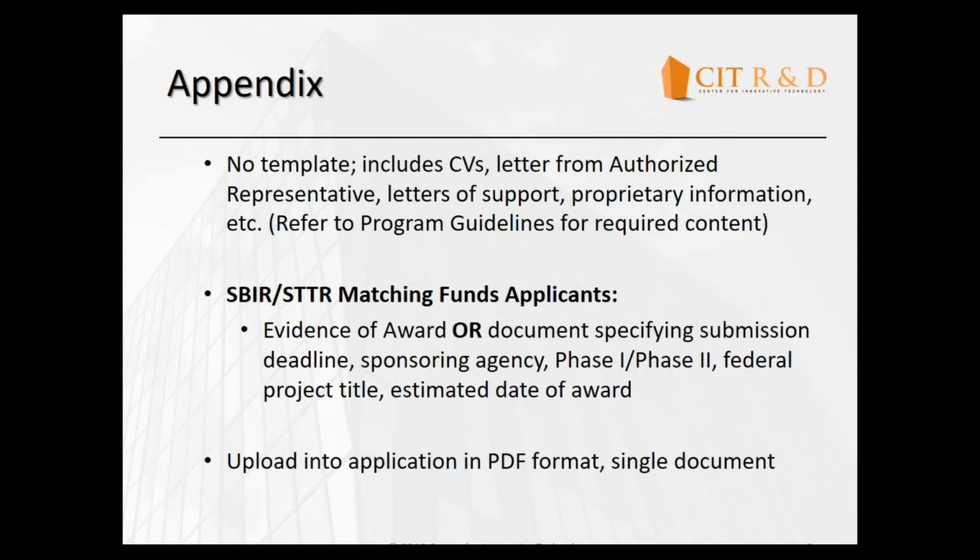The appendix is the last required element of all applications. There's no template for the appendix, but the guidelines for each program provide very clear direction on the required content, which, like everything else, does vary by program. All programs require a letter from the authorized representative and CVs.